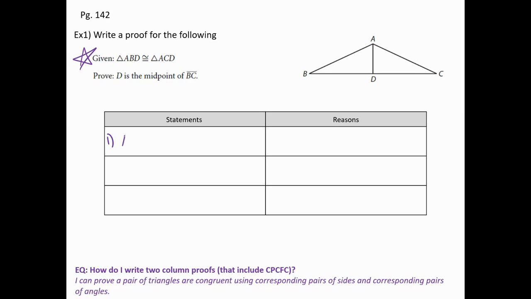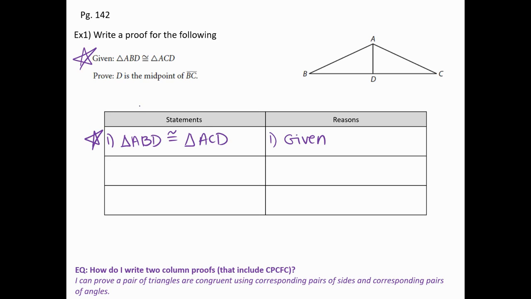So without doing anything else, I'm going to say triangle ABD is congruent to triangle ACD. Okay. And immediately I'm going to match that up with, again, this is the very first thing I do. The reason is given. That's how we knew that that was true. It was given to us.